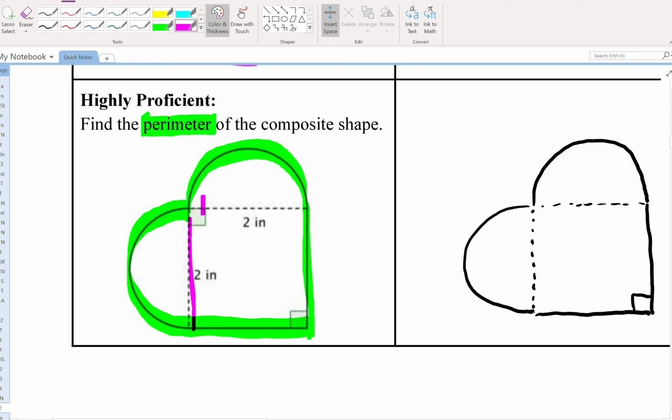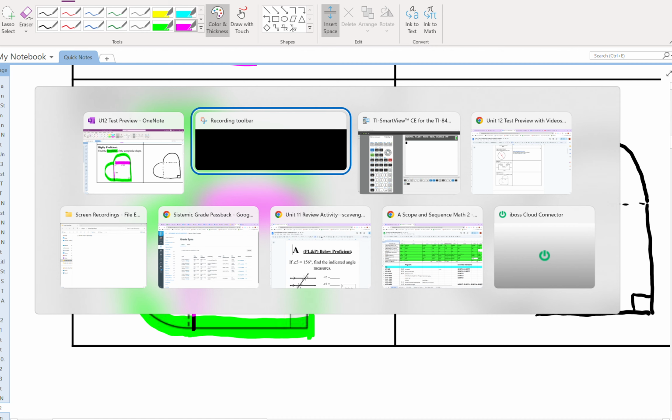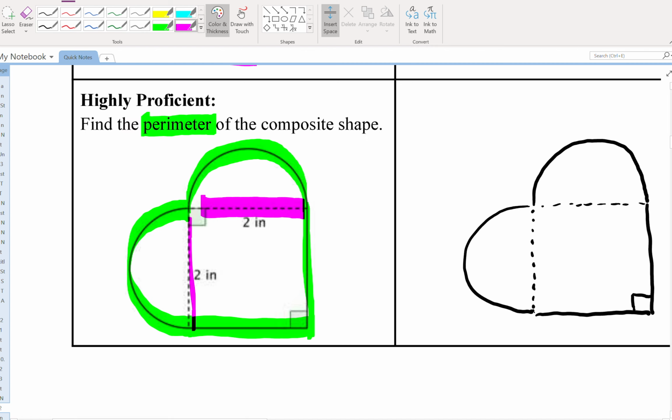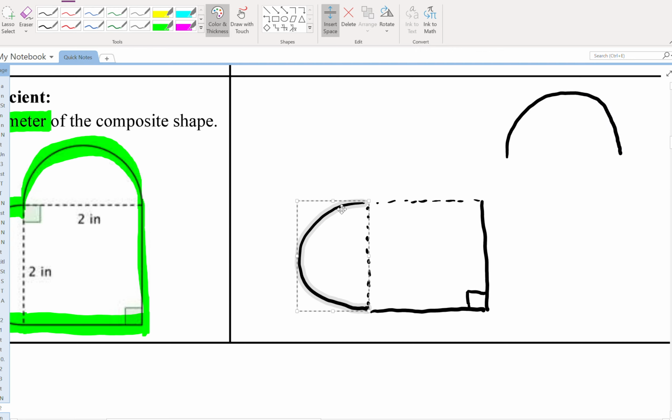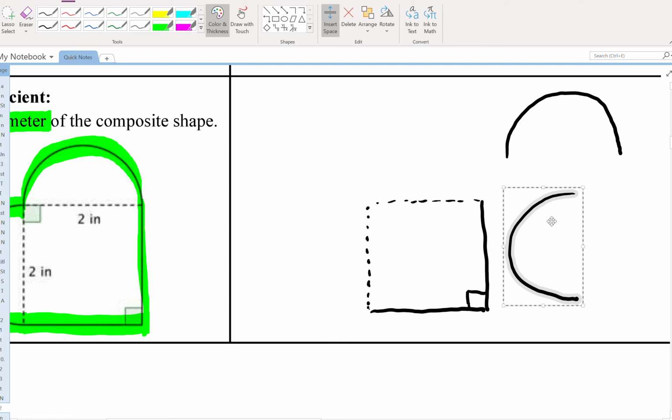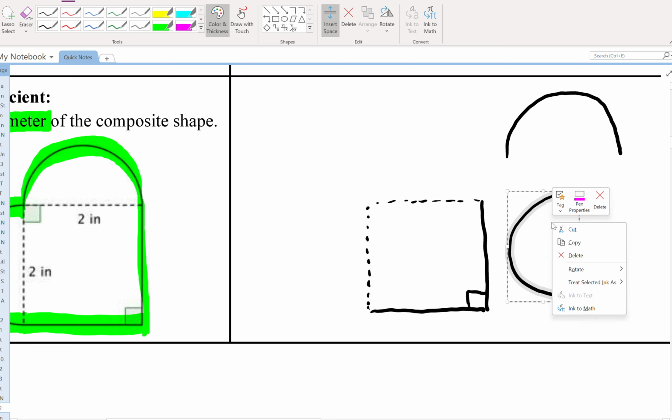These are not included because those are just dotted lines to show you that this is a square in that shape. Let's see. So we take those off. And then one thing I'd kind of like to show you is if we were to take this and just kind of move it to the side, that distance, and we were to take this one and move it over here, and then let's rotate that.